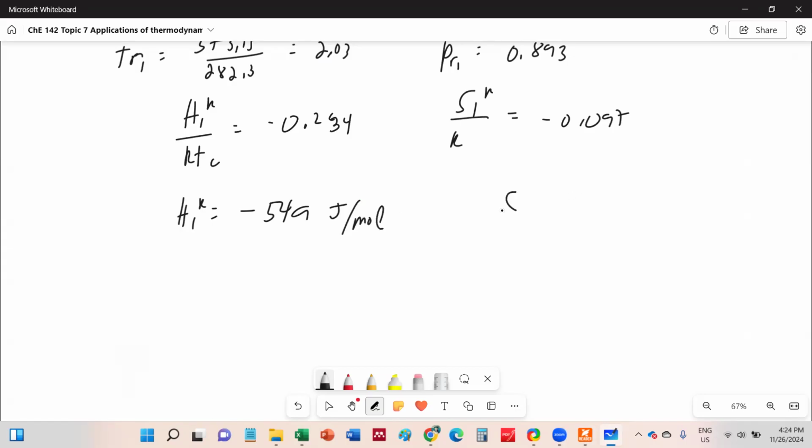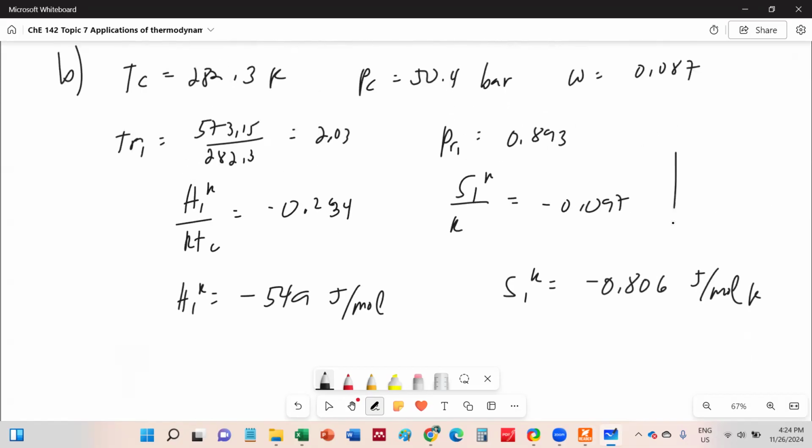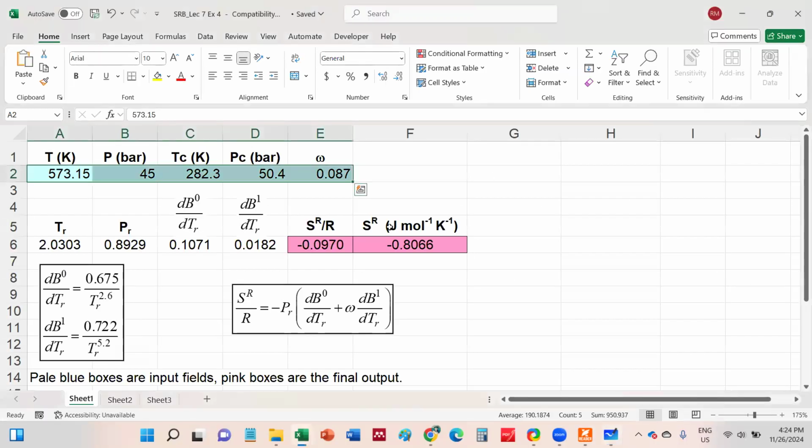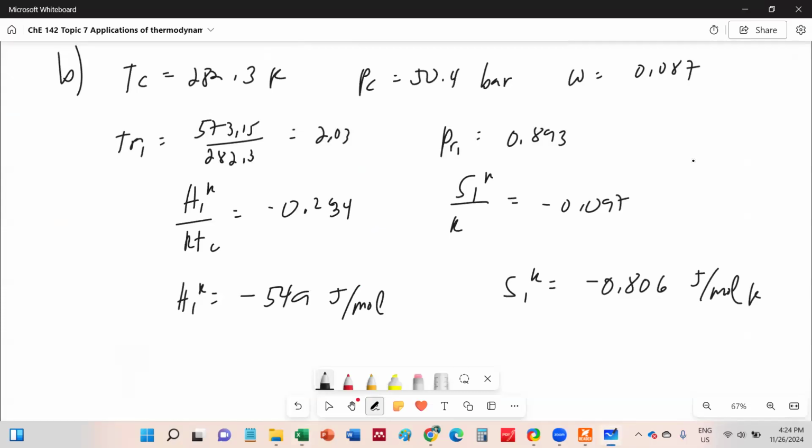And then for S1R, it's negative 0.806 joules per mole Kelvin. So this is okay. This is available in the calculator.